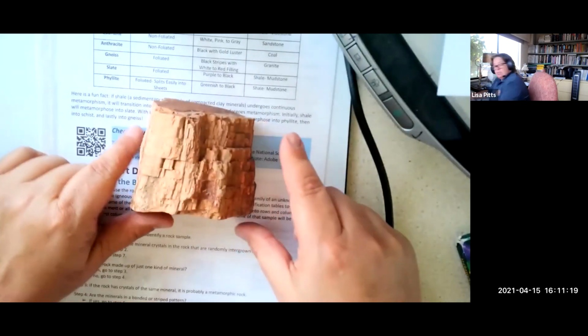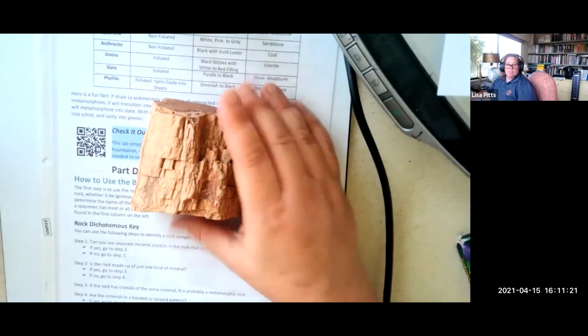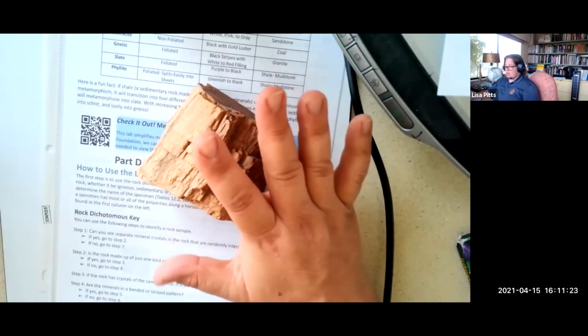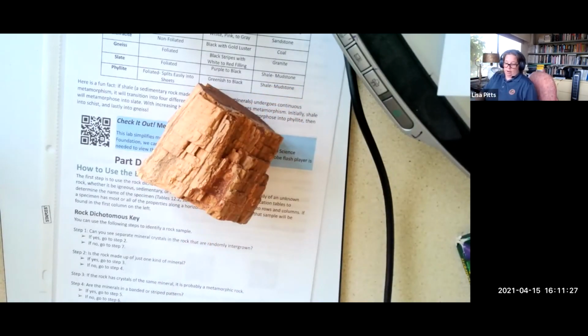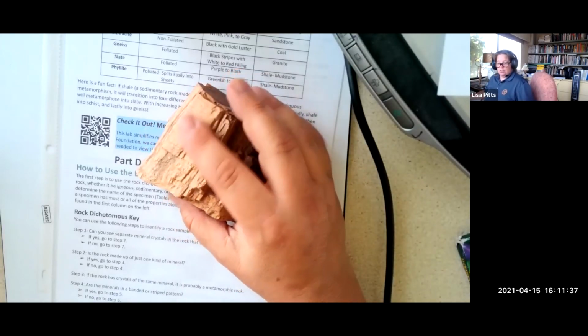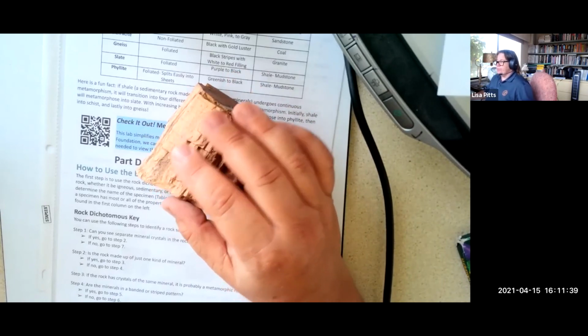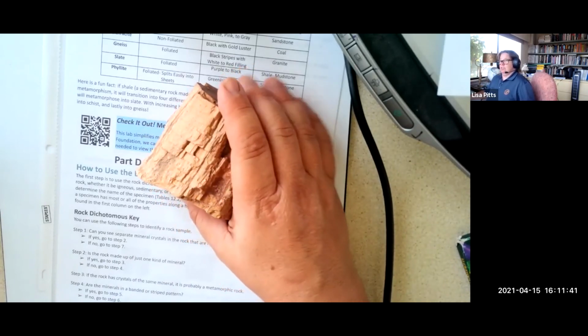So first we have to determine if it's igneous, metamorphic, or sedimentary. So let's talk about how we might figure that out. Let's start with sedimentary. The easiest way to determine if a rock is sedimentary is, does it have layers? Or does it feel like sand, silt, or clay?